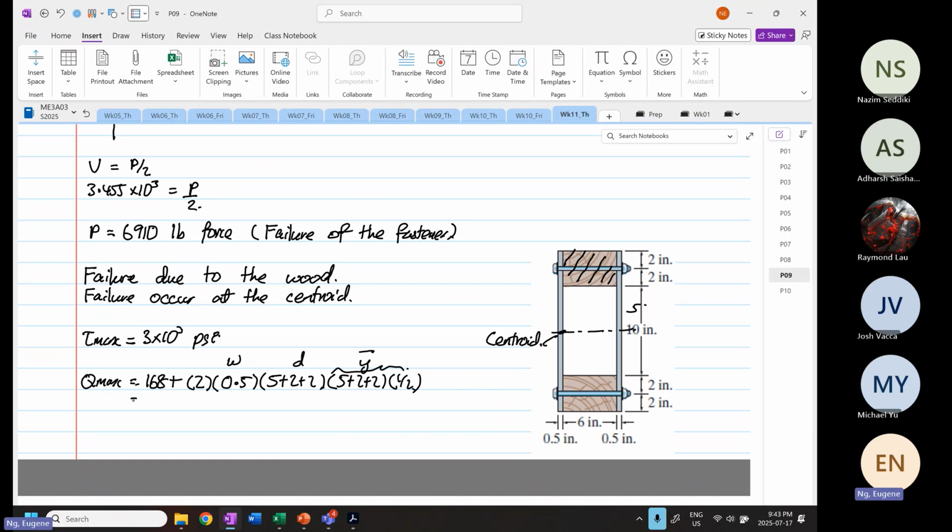So from here you get 168 plus 9 squared times 0.5, 40.5. So this is equal to 168 plus 40.5 is equal to 208.5 inches cubed.